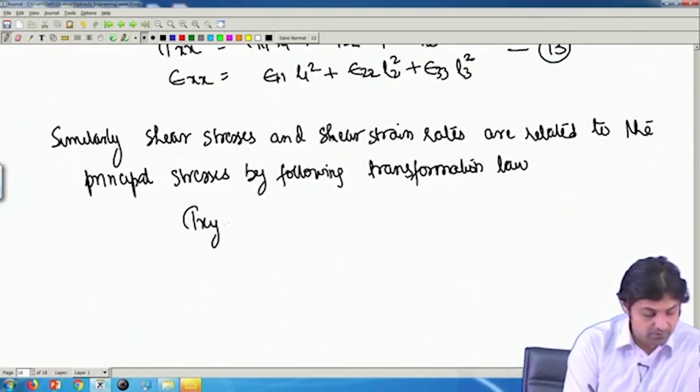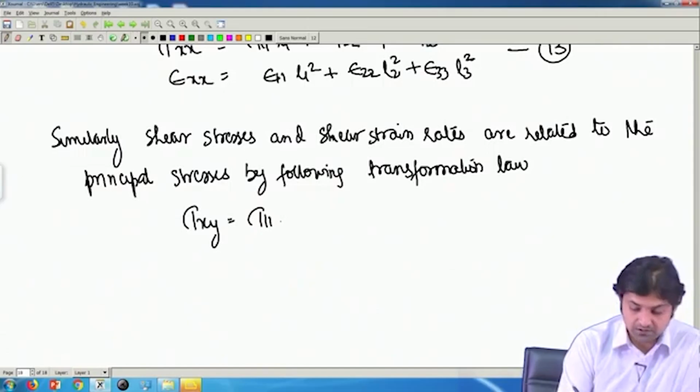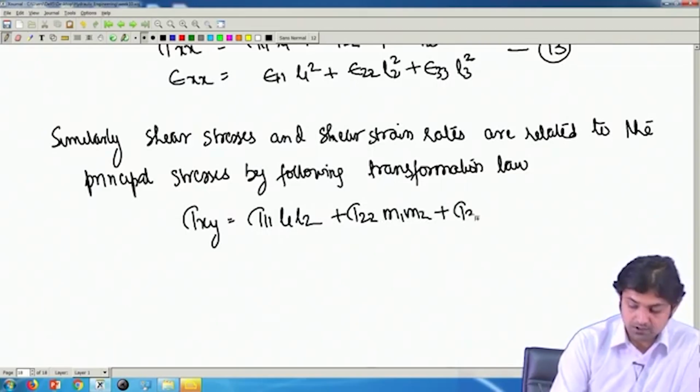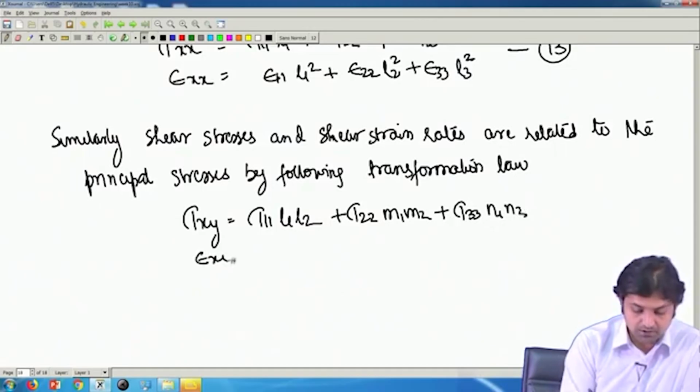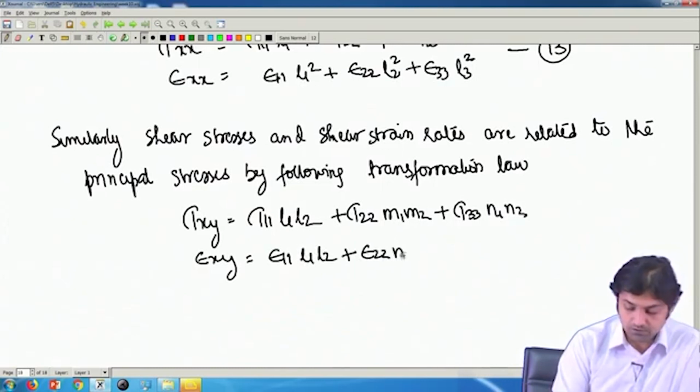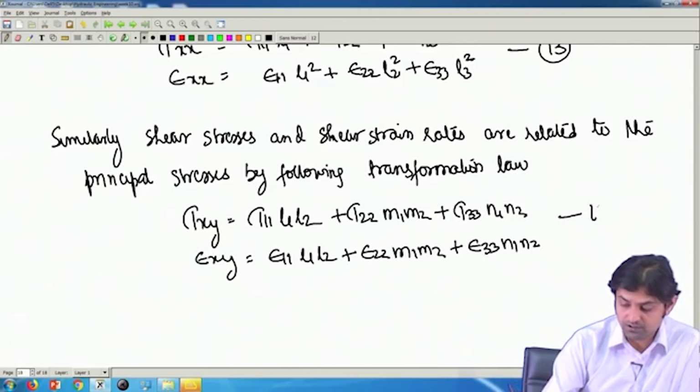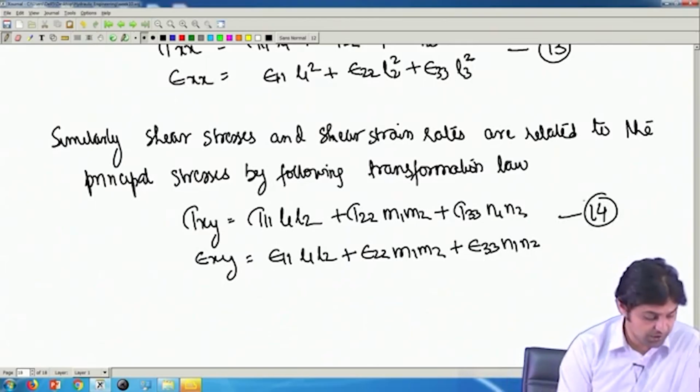That means tau xy can be written as tau 11 L1 L2 plus tau 22 M1 M2 plus tau 33 N1 N2. Similarly, epsilon xy is given as epsilon 11 L1 L2 plus epsilon 22 M1 M2 plus epsilon 33 N1 N2, and this equation we call as equation number 14.